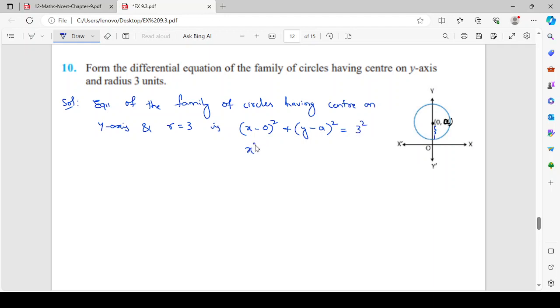So if I simplify this, x square plus y square minus 2ay plus a square equal to 9.